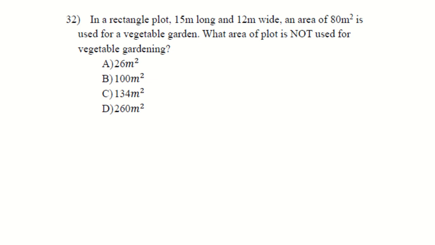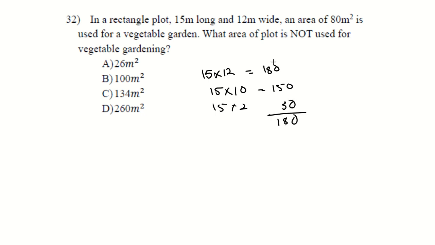Alright. In a rectangular plot, 15 meters long and 12 meters wide, an area of 80 meters squared is used for a vegetable garden. What area of the plot is not used? So first off, we have to see 15 by 12. This would be 15 by 10, which is 150, and 15 by 2 is 30, so that is 180.